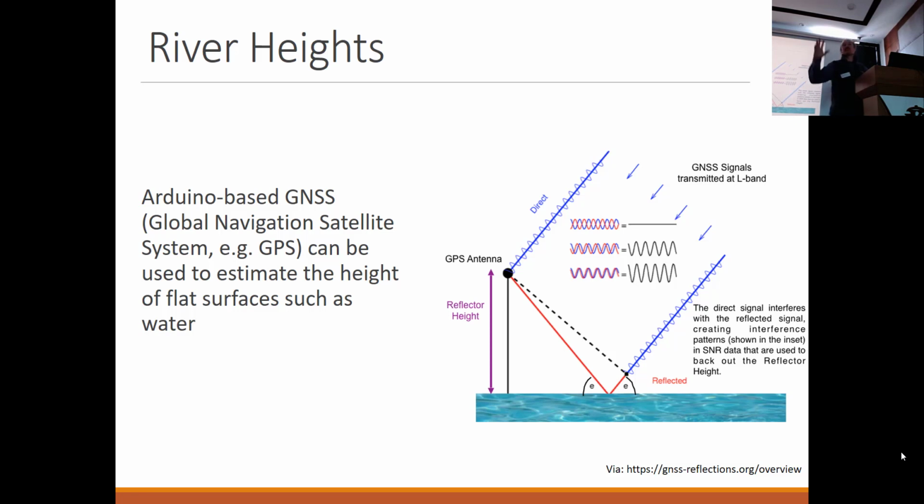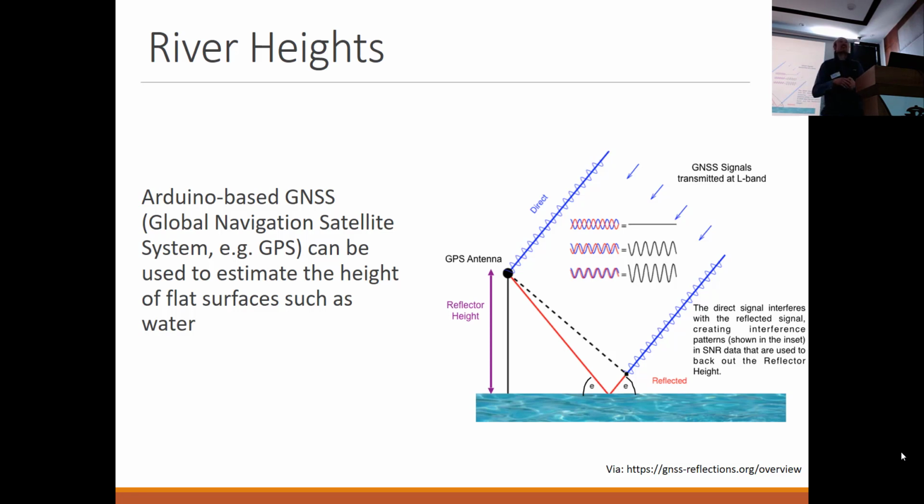All you need is a good view of the sky. So if you're in a really narrow valley, it doesn't work as well because you don't see very many of these GPS satellites. But if you're in a rather open setting, like by a big lake or something, then this works super, super well. And we're talking about accuracy of 1 or 2 centimeters. So it's a pretty high accuracy thing.